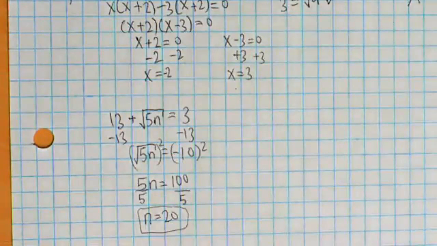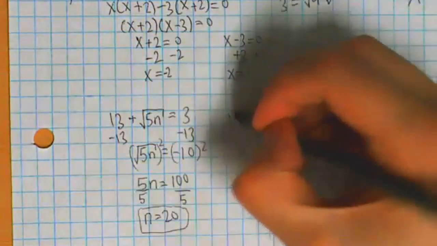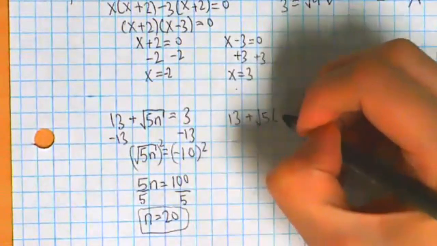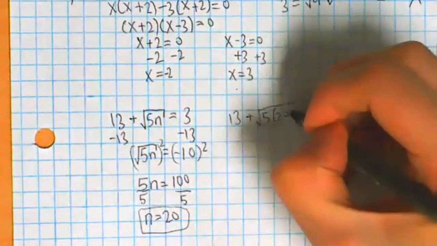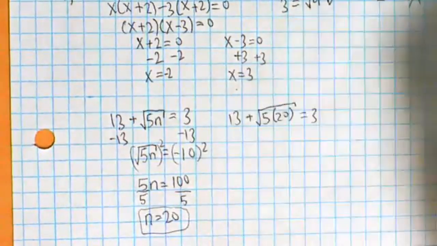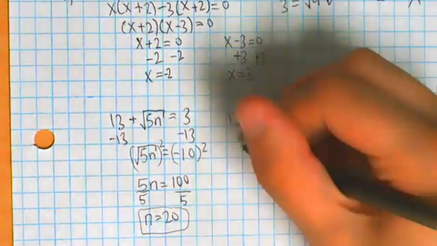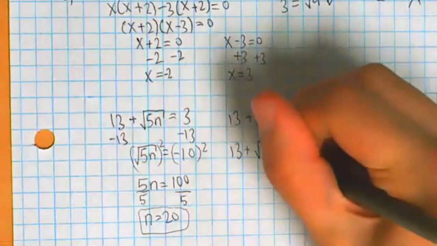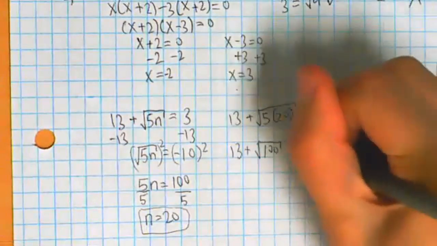And I'd say, well, let's take a look at what we can plug in for n, and let's see what happens. So let's go ahead and plug in 20 for n in our original equation. So we now have 13 plus the square root of 5, and where we previously had n, we have 20 again. And it all equals 3. So 5 times 20, maybe you need to grab your calculator for this one. I've seen it enough times that I know that 5 times 20 is 100.